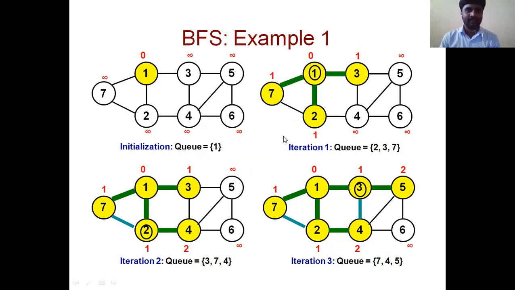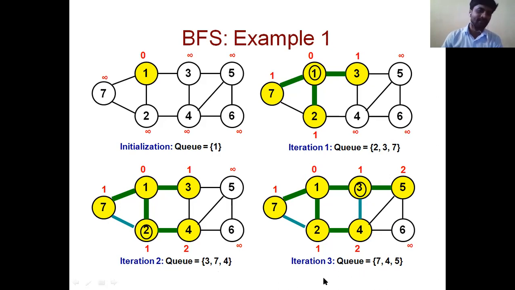In iteration 1, the queue is 2, 3, 7. In iteration 2, the queue is 3, 7, 4. In iteration 3, the queue goes to 7, 4, 5. You can see here 7, 4, 5.